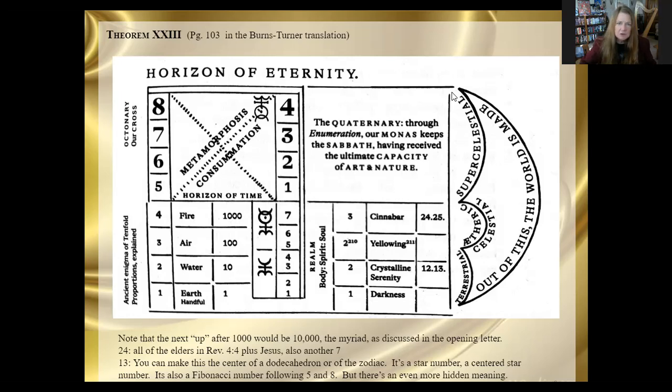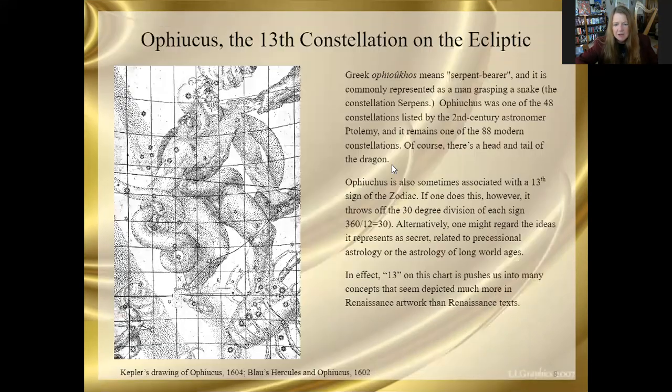It's a star number. It's a centered star number. It corresponds to some very cool dates. Think of Friday the 13th and that kind of thing. It's a Fibonacci number following 5 and 8, but there's an even more hidden meaning. And you start to see this before Dee in artwork of Albrecht Dürer, who I've mentioned before, but you really start to see it in the Rosicrucian era just after Dee dies. 13 is associated with Ophiuchus, the 13th constellation on the ecliptic.